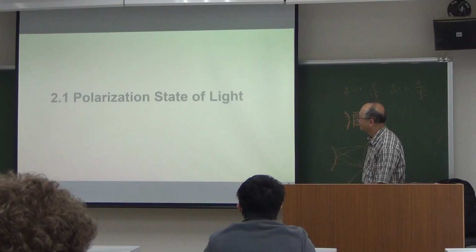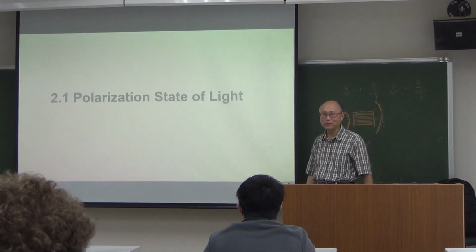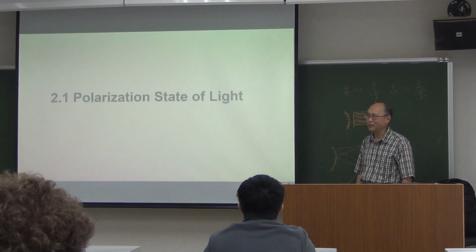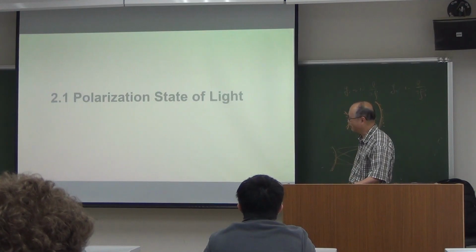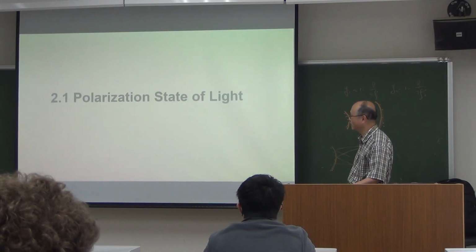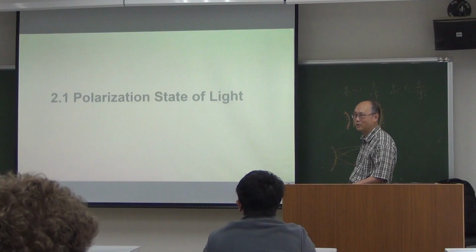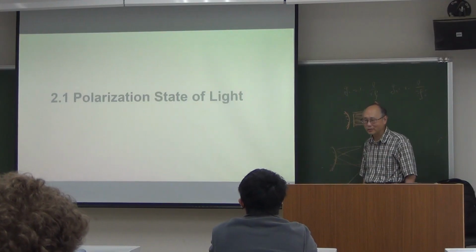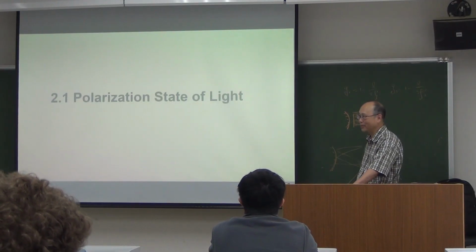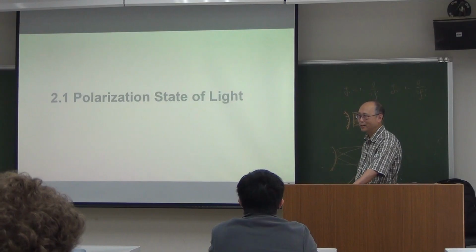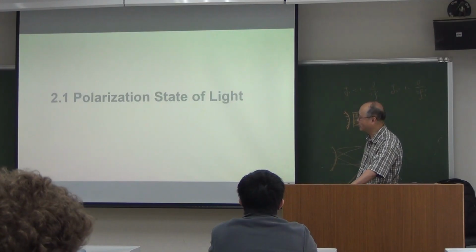All right. We have gone through this briefly in chapter 0. So let's review a little bit, and then we want to talk about the Jones matrix so that you have, again, a powerful tool to model the polarization state of light.